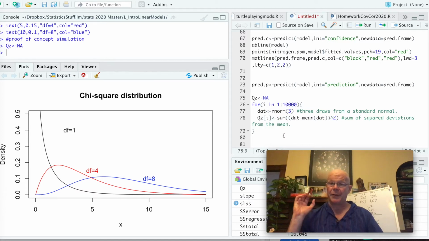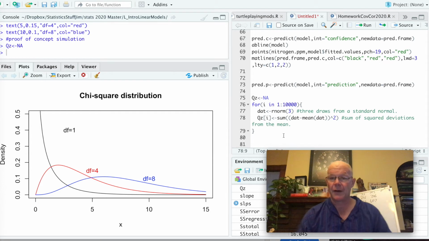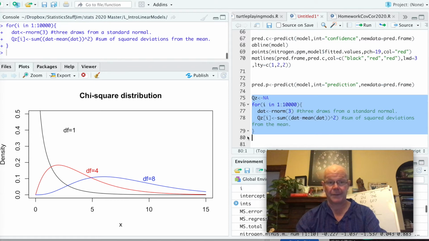I am going to sample 3 random variables from a standard normal distribution with a mean of 0 and a standard deviation of 1. I'm going to randomly select 3 of those, and I'm going to calculate the sum of squared deviations from the mean. So I'm going to go ahead and do that. That was a lot of work. So now I have a vector that is 10,000 long that has all of those values.